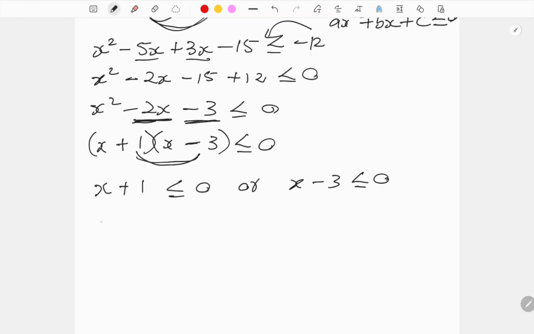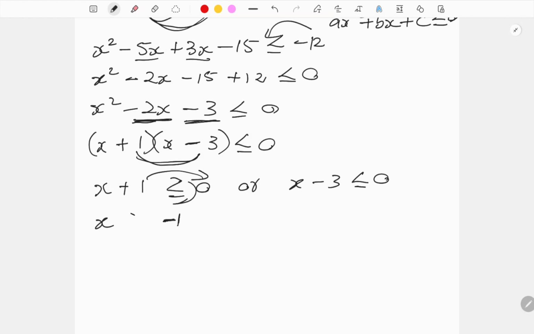And then we are solving for x. For x, this side is x. When you transpose plus 1 to the other side here, it's going to be minus 1. Remember, the sign of this inequality changes because the number here became negative.